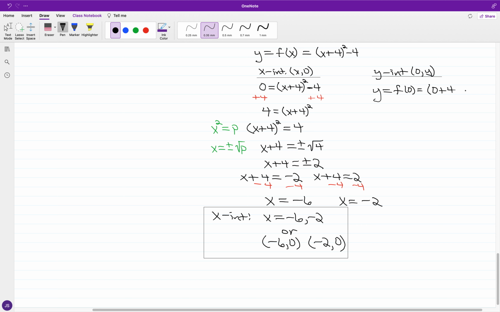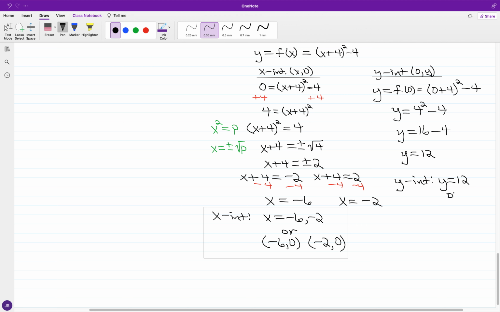Replacing x with 0, you have 0 plus 4 squared minus 4. 0 plus 4 is 4, so we'll have 4 squared minus 4, and 4 squared is 16, and 16 minus 4 is equal to 12. So we'll have one y-intercept, and that's at y is equal to 12.